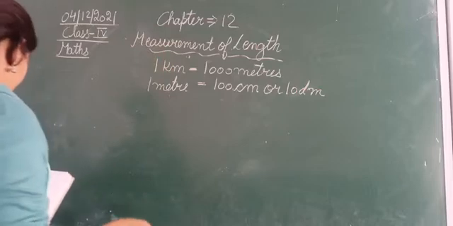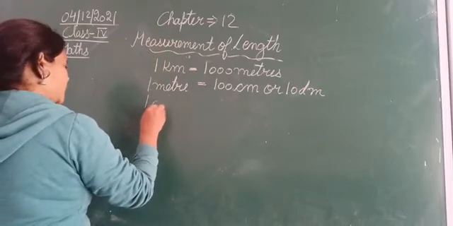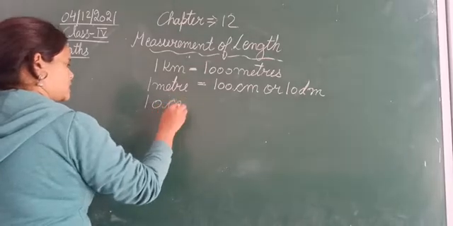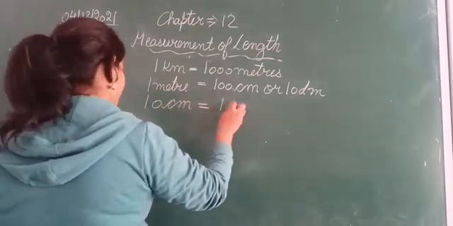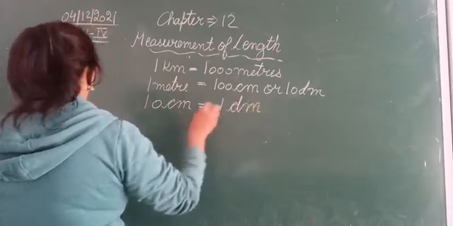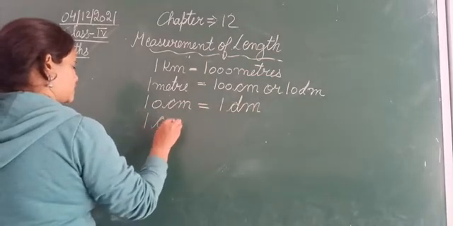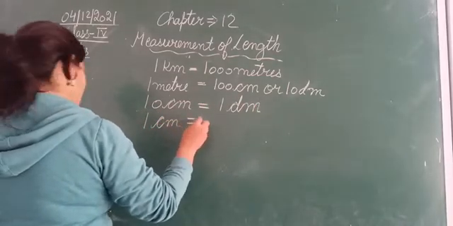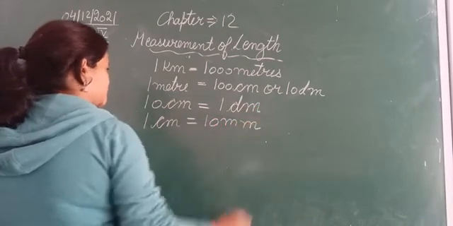Then 10 centimeter is equal to 1 decimeter and 1 centimeter is equal to 10 millimeters.